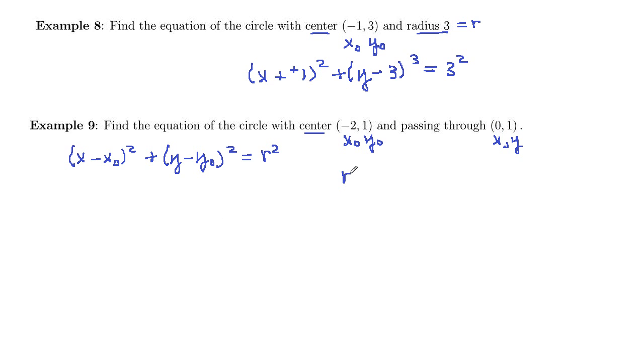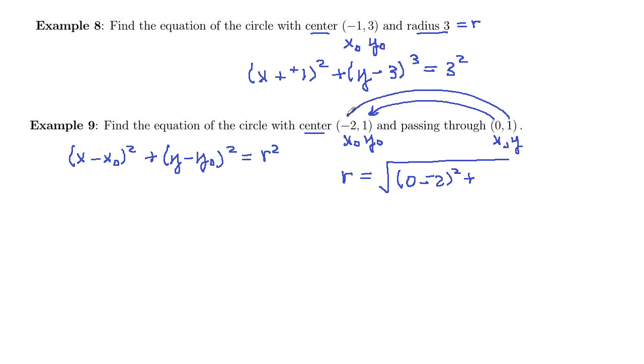So our radius here is going to be the square root of second x minus first x squared, so 0 minus -2 squared, plus second y minus first y squared, so I did subtraction this way. It actually doesn't matter which way you do it, as long as you do them both the same. So we got 1 minus 1 squared. So that's 2 squared, 4, and this is a 0. This is just root 4, which is 2.